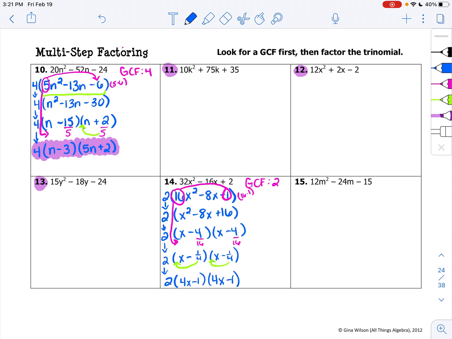Now, since our two binomials are the same, we can simplify this even further. And we can write it as 2 times 4x minus 1 squared. Because you're multiplying the same thing, that 4x minus 1 times 4x minus 1. Go ahead and highlight number 15.